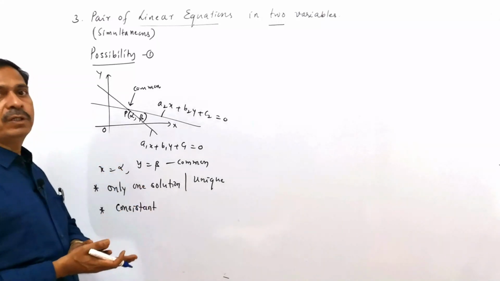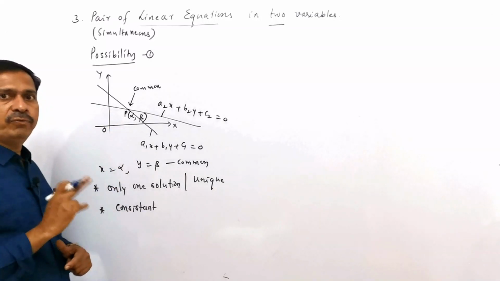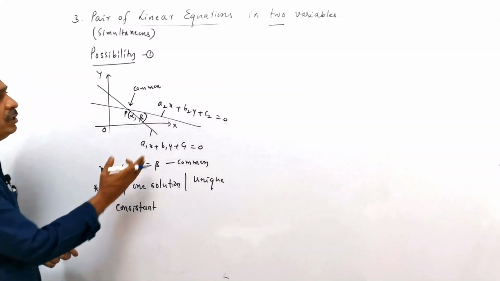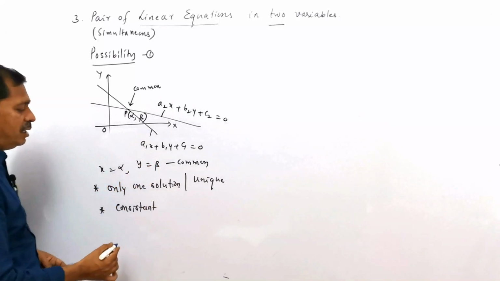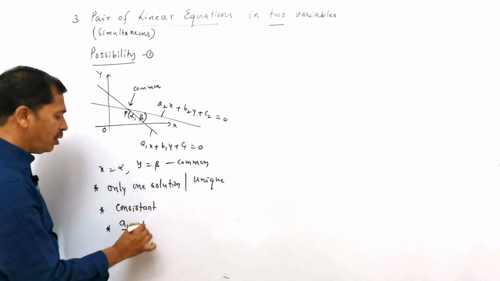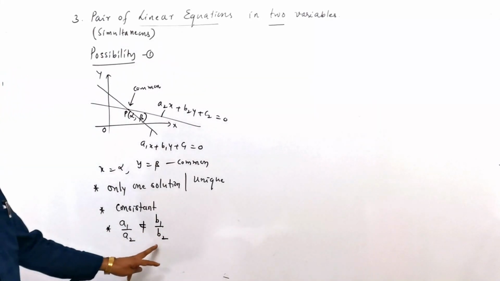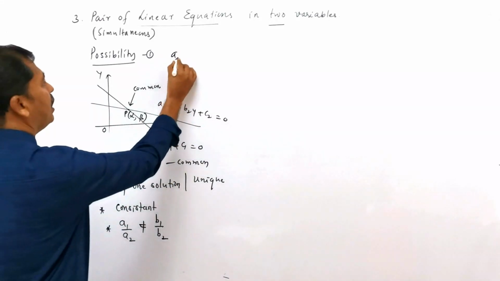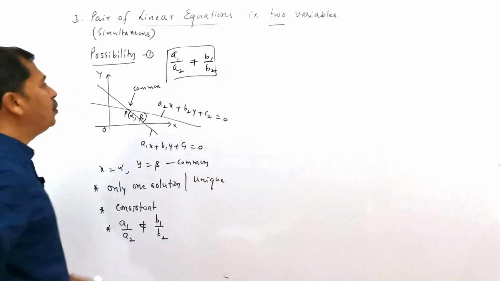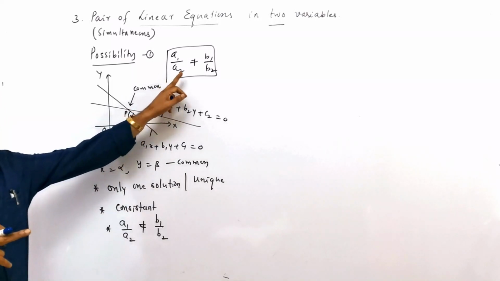If we analyze practically based on calculations, the relation between the coefficients of those equations which intersect is that a1 by a2 is not equal to b1 by b2.